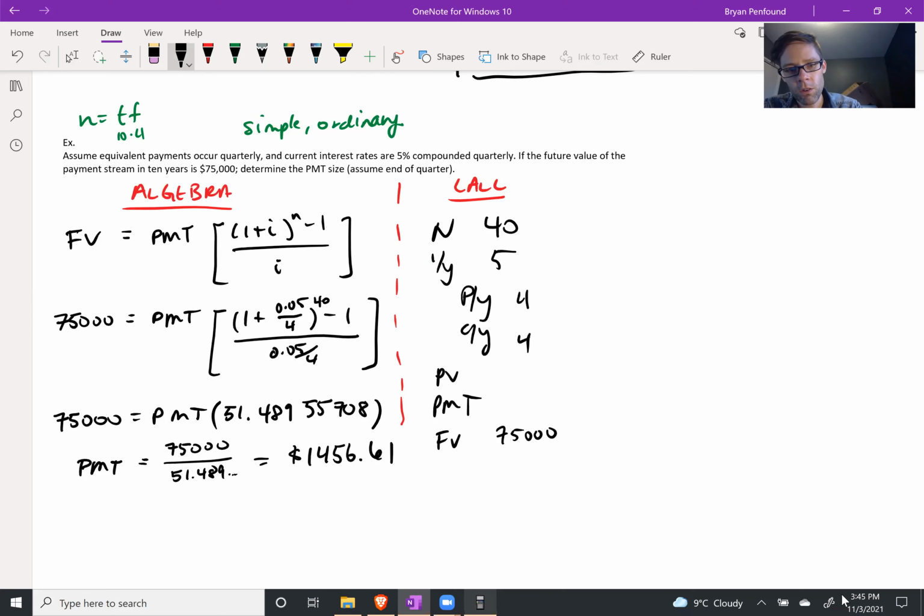I think I would accept both. If we make FV positive, then the payment will come out to be a negative number and vice versa. So I'm just going to program these in just to verify our final answer here.